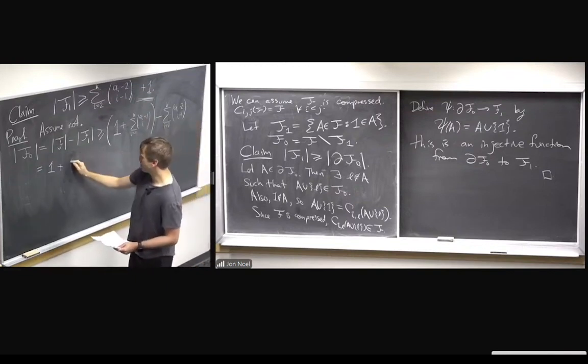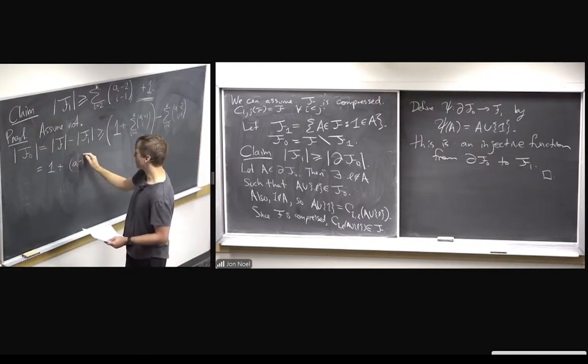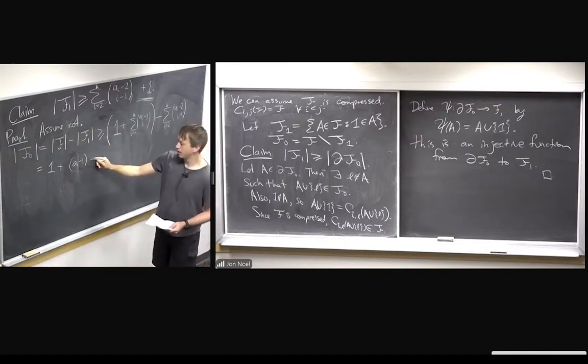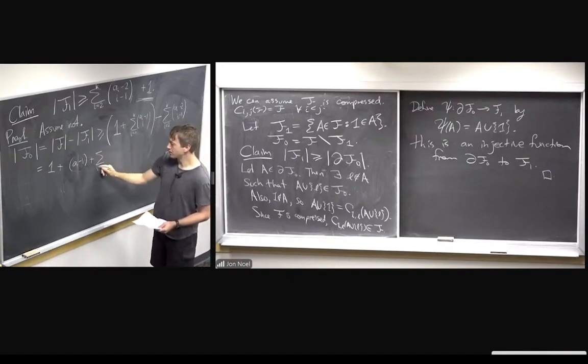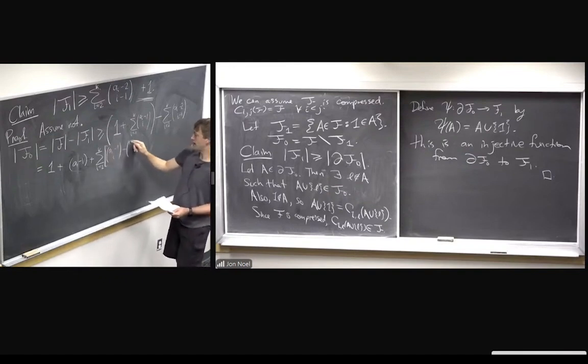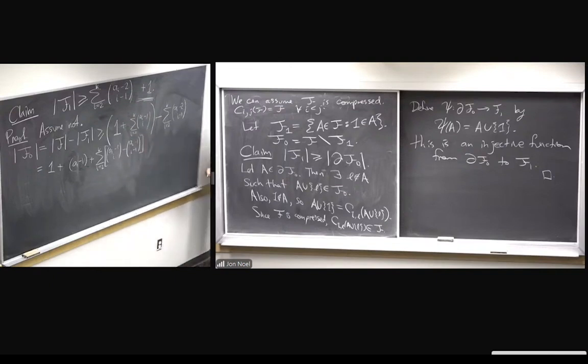The extra term is just A1 minus 1 choose 1, and then the sum i equals 2 to k of (A_i minus 1 choose i) minus (A_i minus 1 choose i minus 1), with A_i minus 2. Yes. Thank you.